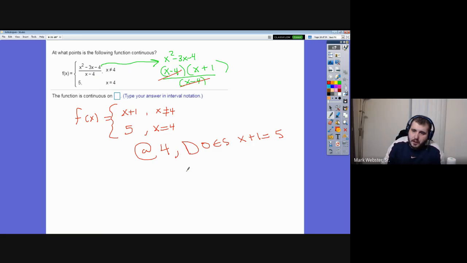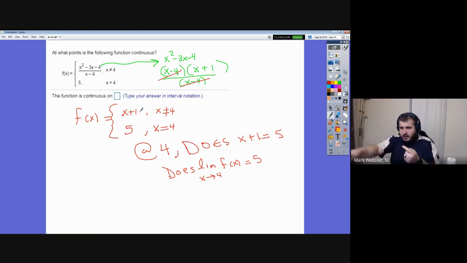Or maybe even better, does the limit as x approaches 4 of f of x equal 5? Because if the limit's 5, if it's going to 5, and then at 4 we just put a point there at 5, well, then that hole is cleared up and we're good. It's continuous, right?